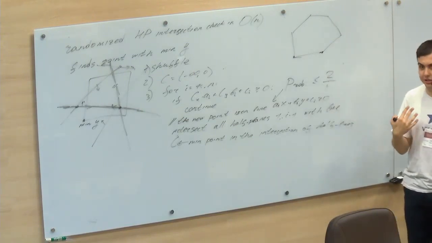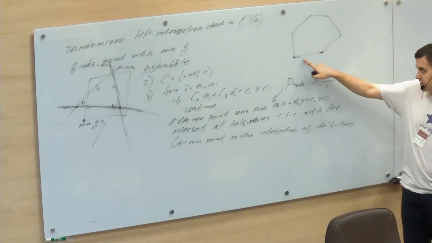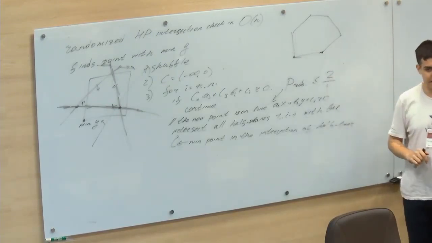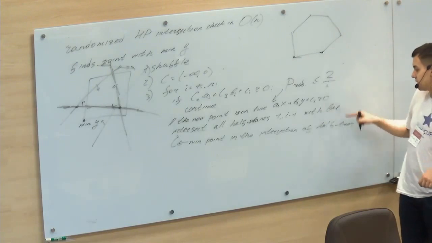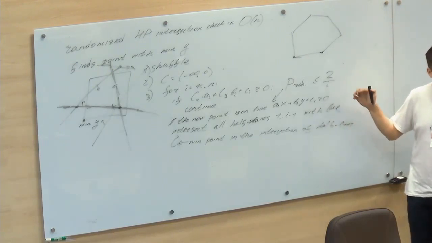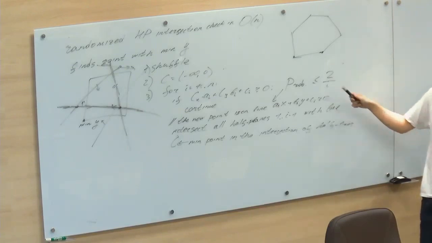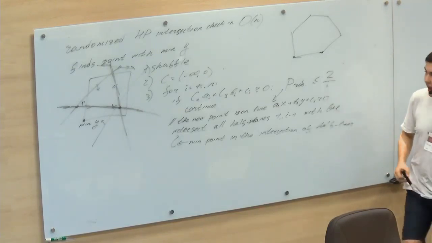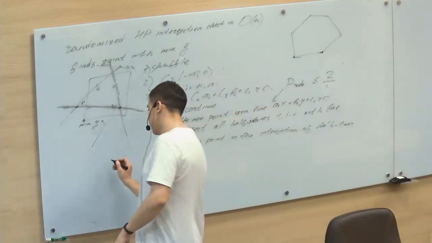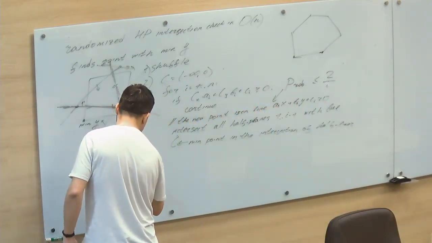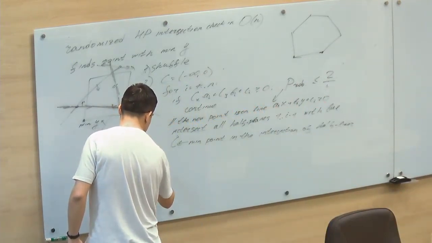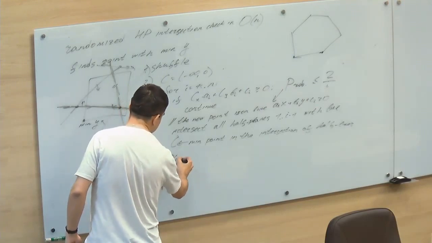So the minimum point only changes when this is the last line or this is the last line. There are 2 lines out of i that have to be the last one, so the probability is at most 2 divided by i. The runtime is the sum of 2 divided by i times big O of i, which is linear.